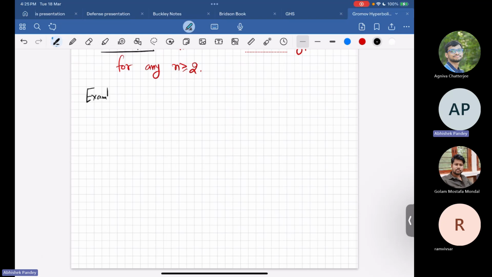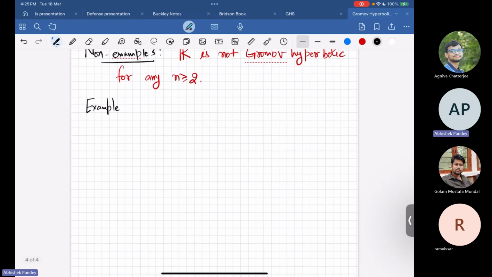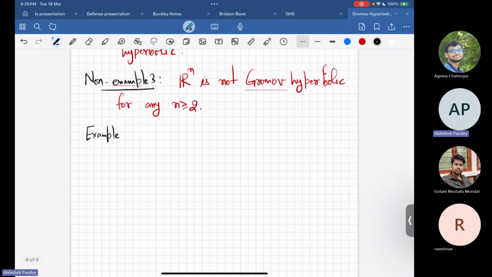Other example. So I hope it is clear why R^n is not Gromov hyperbolic. You can just see that if you take any large equilateral triangle, the midpoint of a side is far from all the points on the other two sides. Let me just write it down.